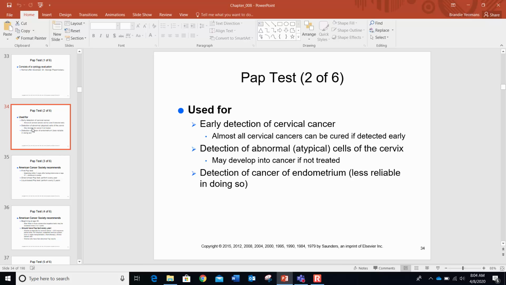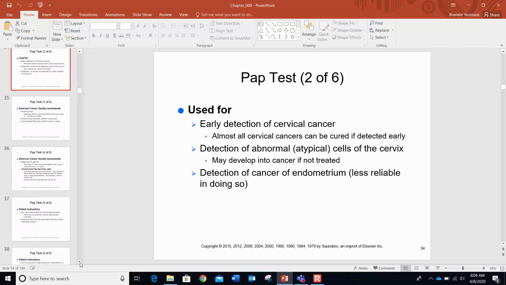So if we do this on a regular basis, then we can hopefully detect cervical cancer early and get that treated so they don't have metastases. So the Pap test is used for, again, the early detection. The detection of cancer of the endometrium is less reliable, so they typically go with the cervix.